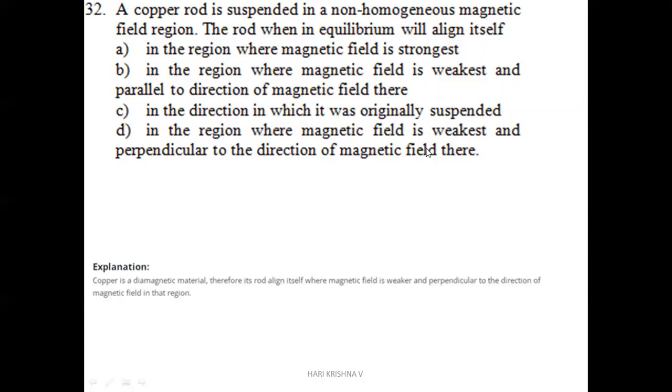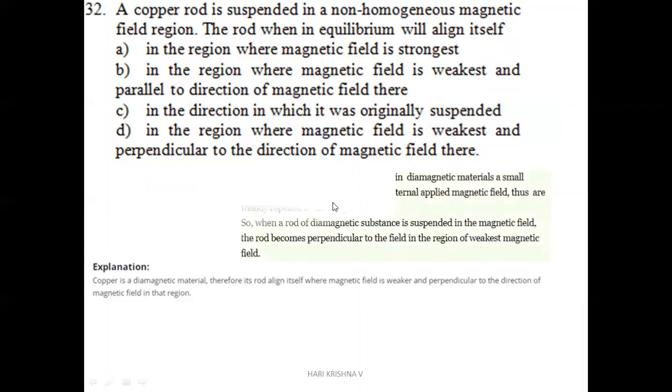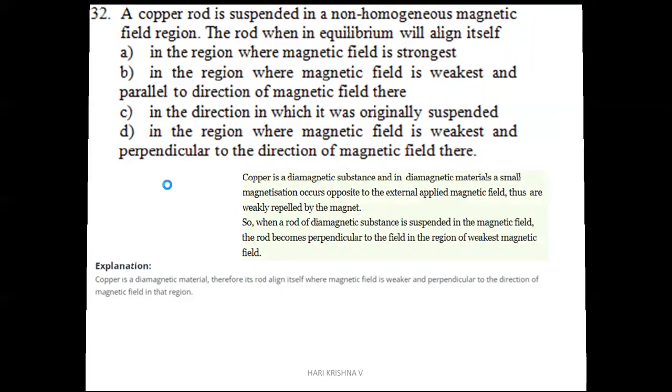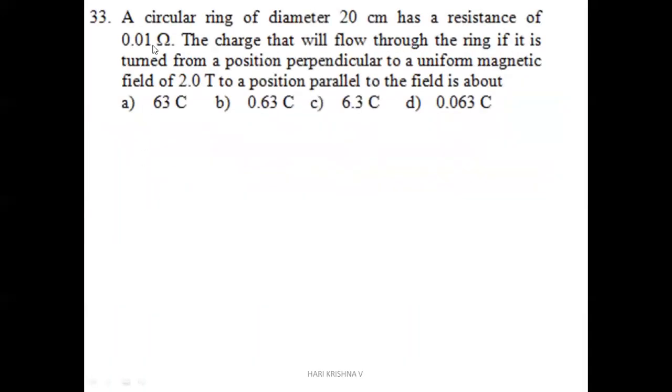Therefore, it will be in the weakest region and perpendicular. Right? Perpendicular to the magnetic field. Clear? Copper is a diamagnetic substance. In a diamagnetic material, a small magnetism occurs opposite to the external applied magnetic field, thus it is weakly repelled.